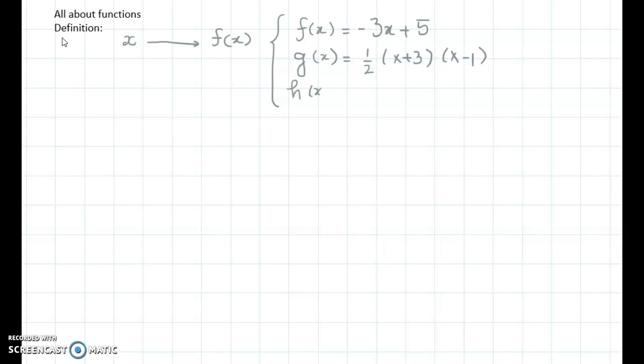We could say that h of x is given by 100 times 0.82 to the power of x. That's an exponential function. But of course, there are many other types of functions.